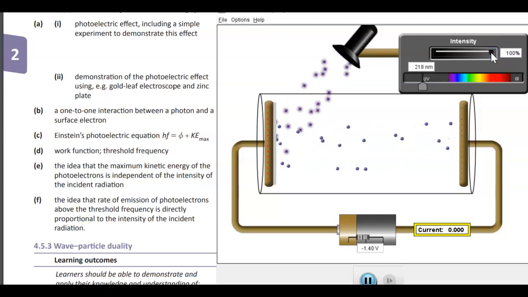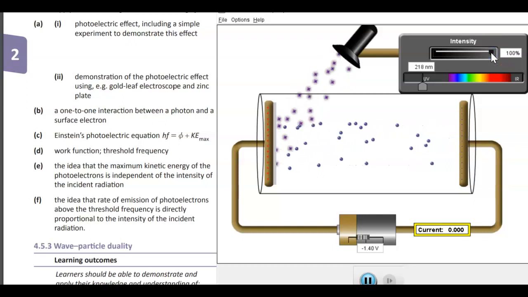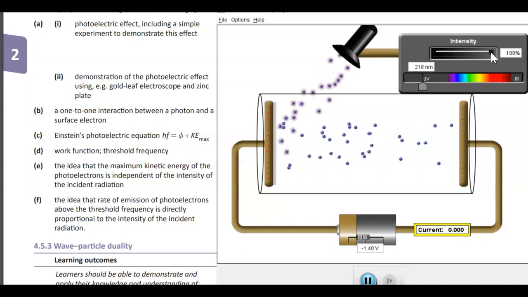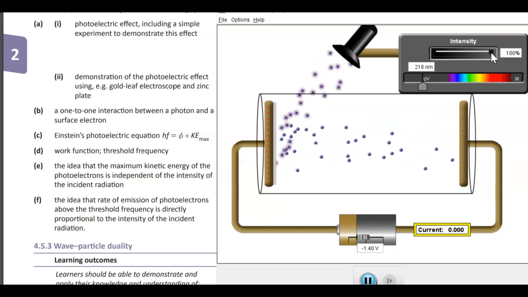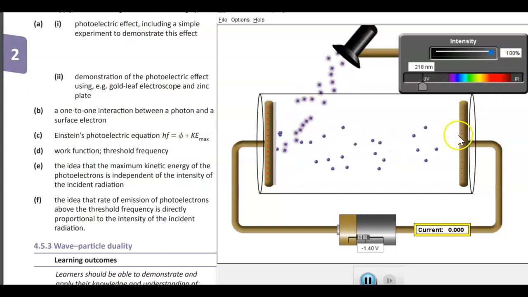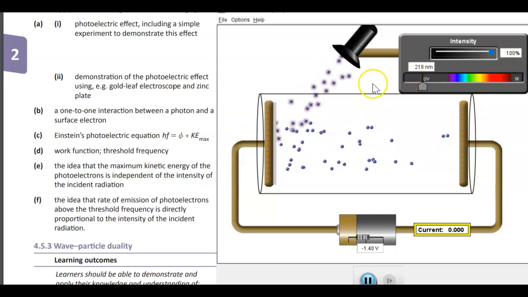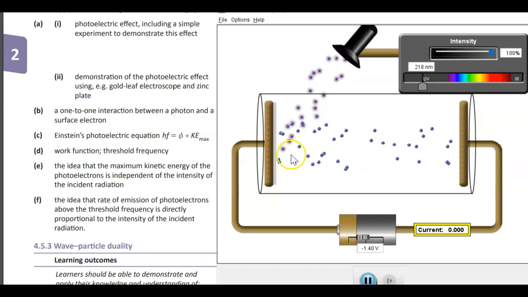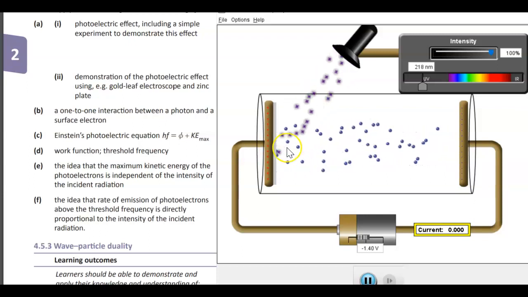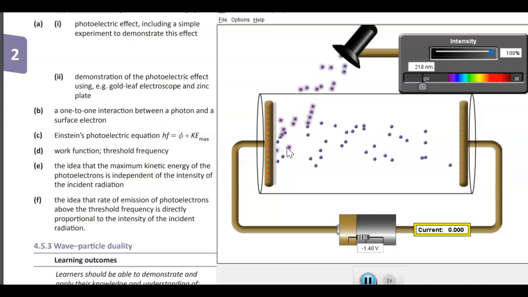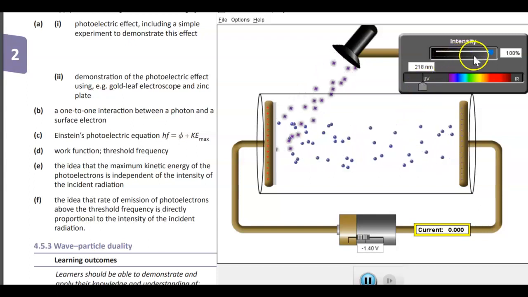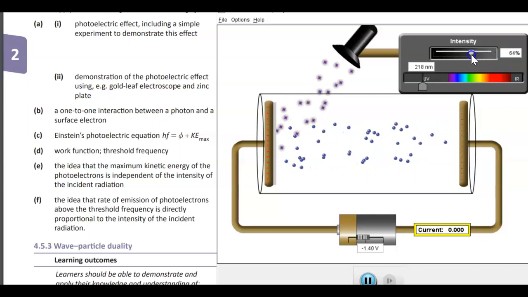We'll get many more electrons emitted, but they're still only able to just get close to that anode. That's because we've increased the number of photons and therefore the number of photoelectrons, but the photoelectrons still only have the same maximum kinetic energy. So it doesn't matter what this intensity is.